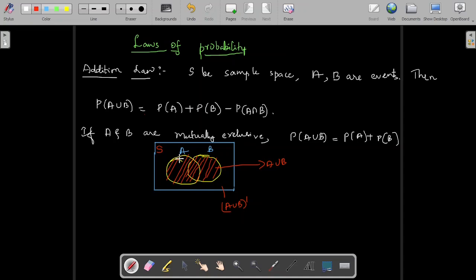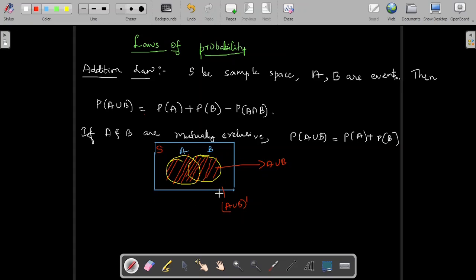This circle represents A, this circle represents B. The common region represents A intersection B, meaning event A and B. This part represents only A, this part represents only B. Now this whole region represents A union B, either A or B. Either A or B means only A, only B, or both A and B.